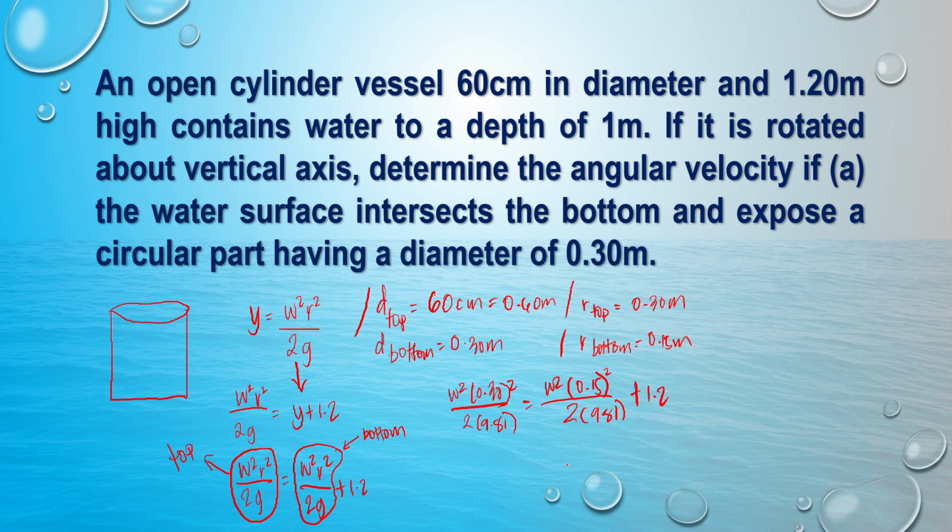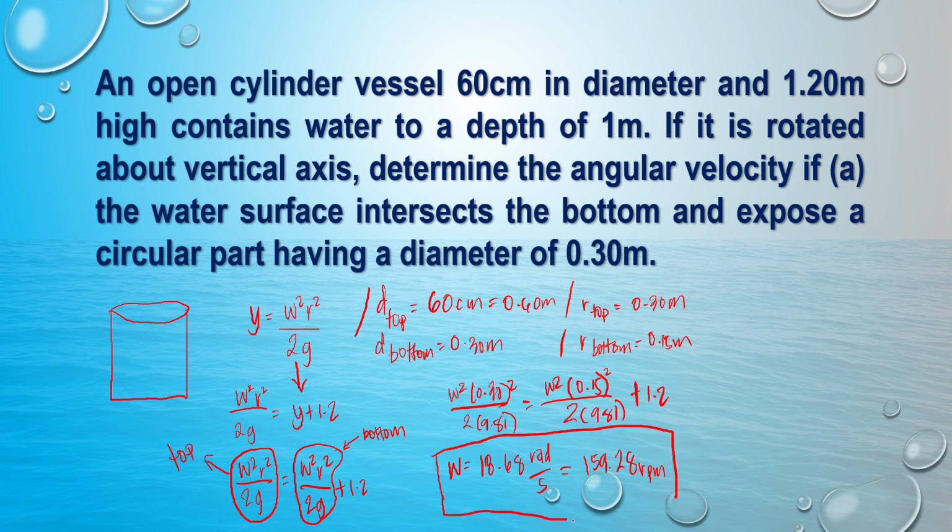If we simplify this, we will get your angular velocity W equal to 18.68 rad per second. Or if we convert this into RPM, it becomes 159.28 RPM. Okay? This is your angular velocity.